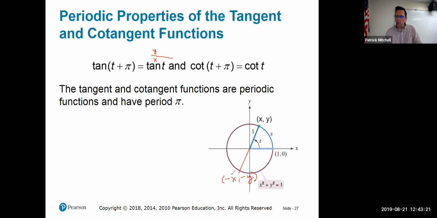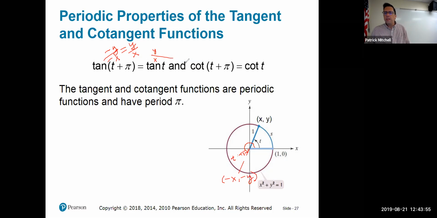So technically, the tangent of t plus pi would be negative y divided by negative x. But of course, negative y divided by negative x is the same thing as y divided by x. Okay, so it gives you the same value for the tangent.